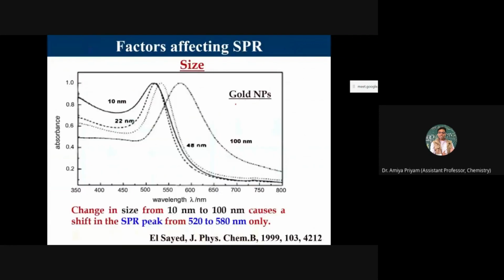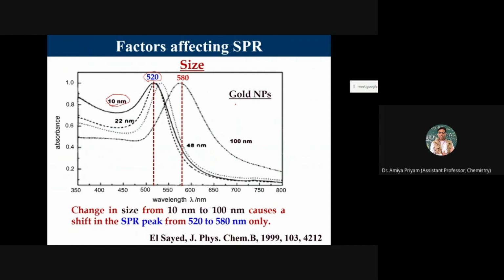So the size factor, this is the range. Gold is the best known plasmonic nanoparticle. A typical 10 nanometer particle will have absorption around 520 nanometers, so it looks almost red colored.